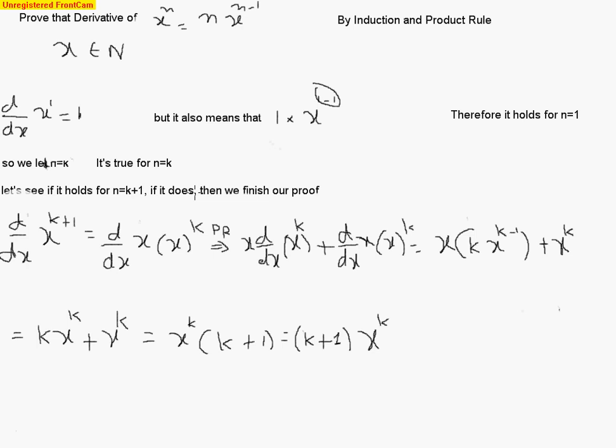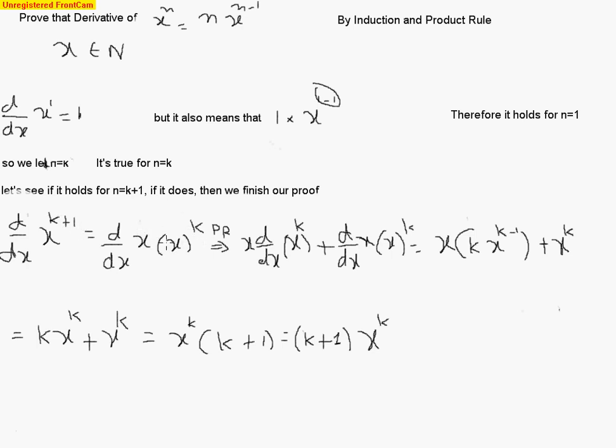So now let us take the derivative of x to the k plus 1. That would be equal to the derivative of x multiplied by x to the k, because x to the k plus 1 comes from x having power 1 here, and when they add up, you get k plus 1.